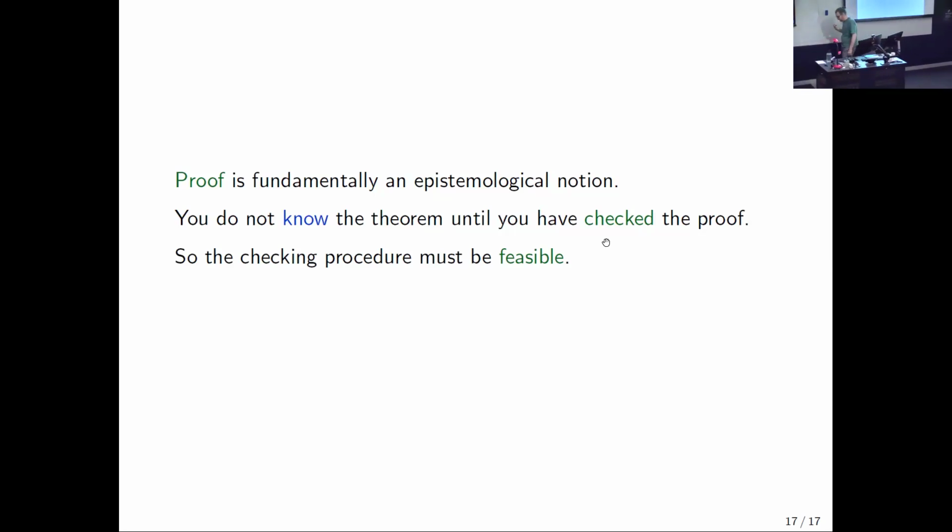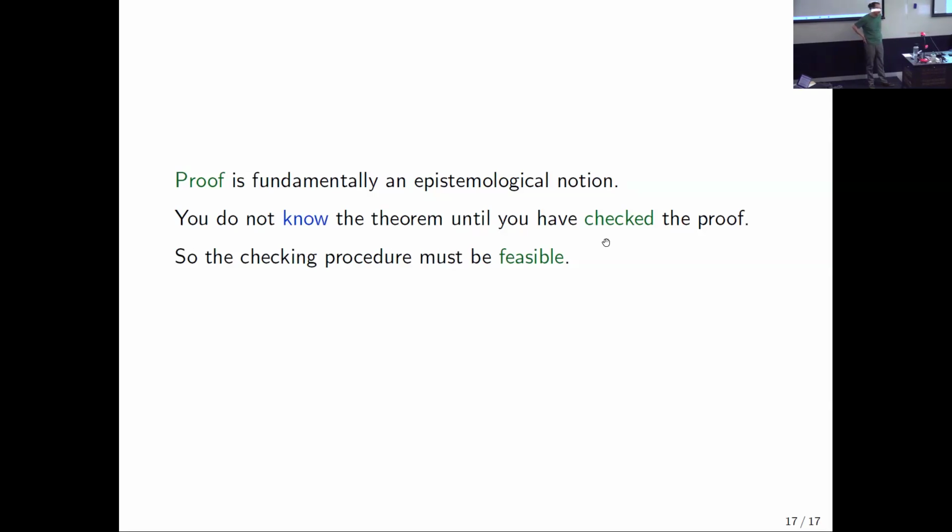If you think about proofs in propositional logic, for things like truth tables, we have feasible methods of checking them. That doesn't mean that you can know every theorem that has a truth table proof, because some of them are just too big. It's not about the feasibility of the procedure. It's simply about how much time you have to check the thing before you die or the universe ends. The fact that you have this feasible procedure doesn't mean that you can actually know the theorem at the end of it, because you just don't have time to check it. So it's not sufficient.